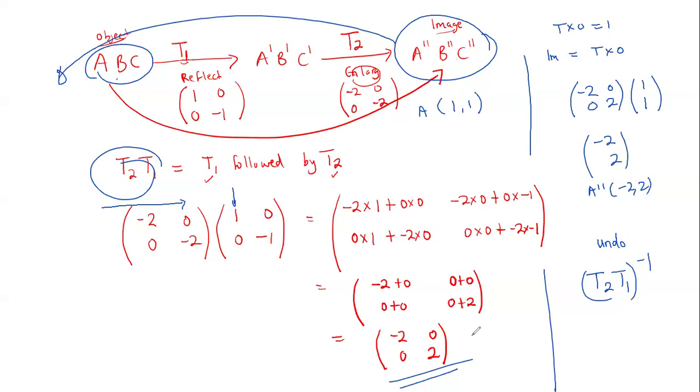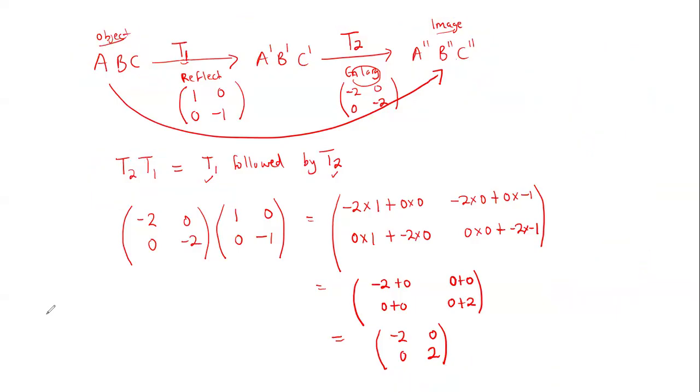So in case they had asked what matrix can undo A double prime, B double prime, C double prime to get back the original thing, you'd have gone and obtained the inverse of this matrix. Hope you remember how to get the inverse.